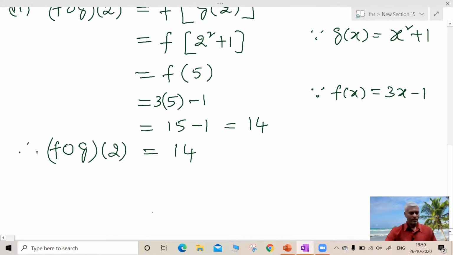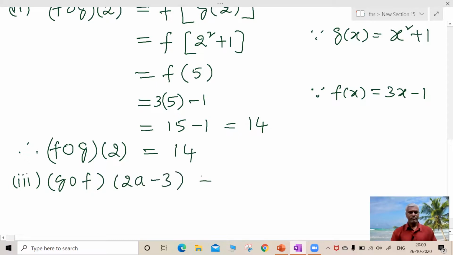Now the third one, G circle F of 2a minus 3. Now break the circle and separate 2a minus 3.